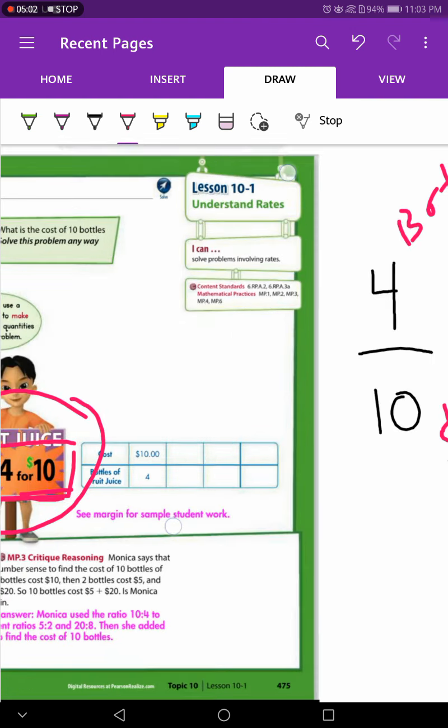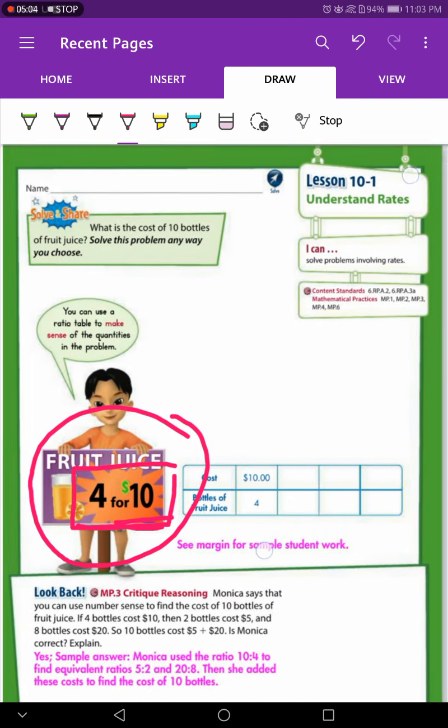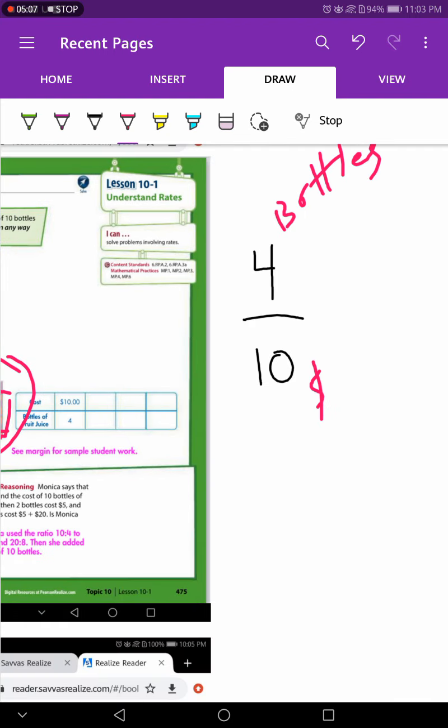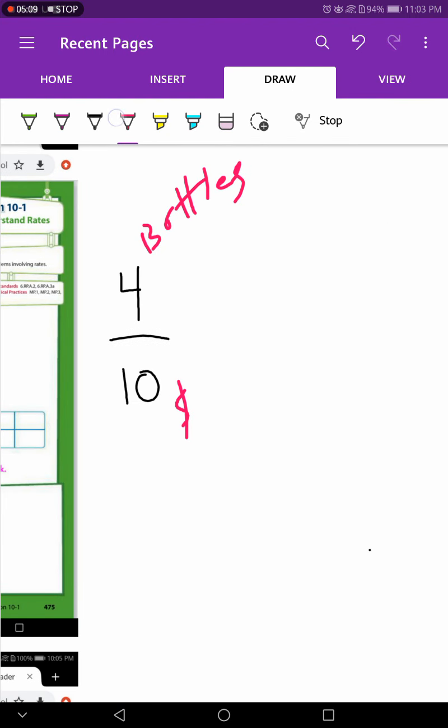He asked me, I need the cost of 10 bottles. First of all, you have to know where you have to set the 10. It is up or down, boys? It is bottles, remember, up or down. The bottles are up, teacher, so I have to set it up. This is the first step.